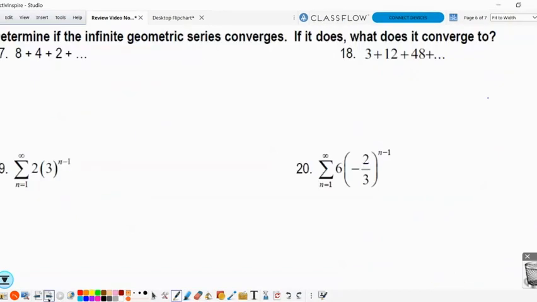All right, as we move on to problem number 17, these are infinite geometric series. And the formula for infinite geometric series is the first term over 1 minus the common ratio. But we can only use this if it converges.